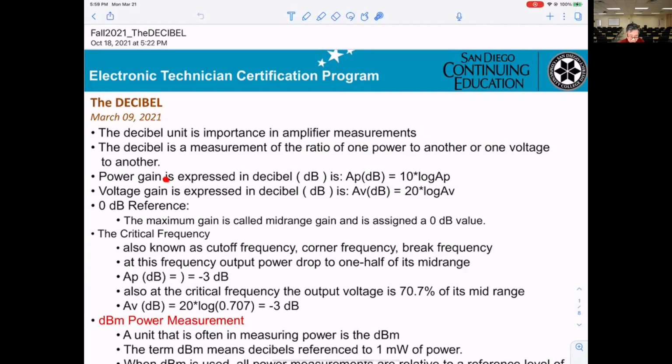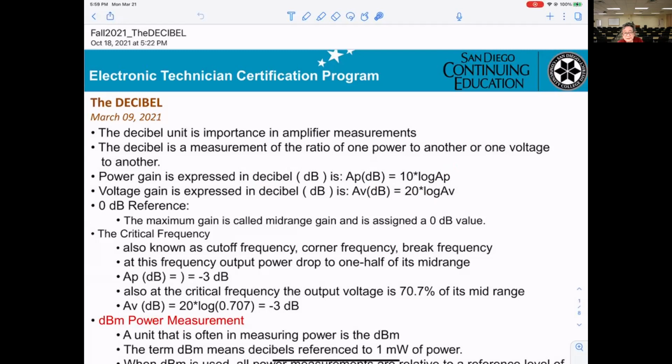And power gain is expressed in decibel. A_P is the gain, and A_P dB means the power gain in decibel. The formula will be 10 times the log of the A_P gain. And the voltage gain in dB, A_V dB, will be 20 times log of the voltage gain.